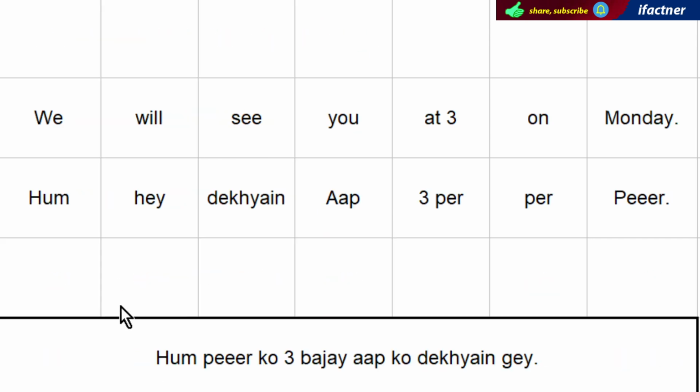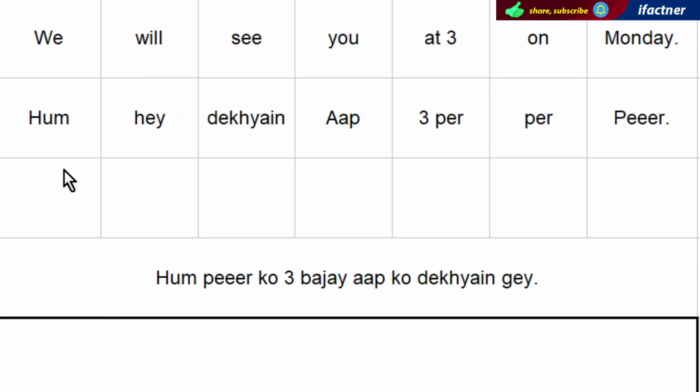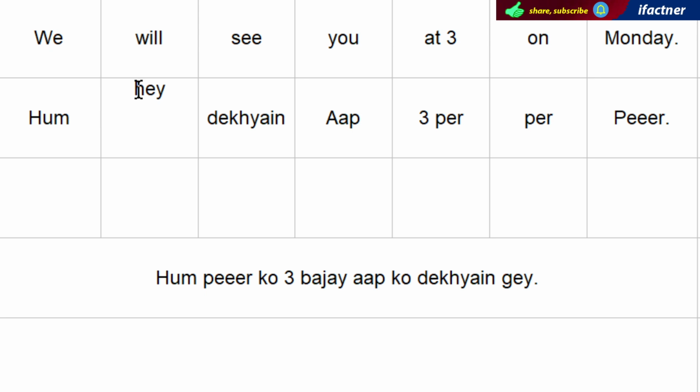The next sentence is, the operator says, we will see you at 3 on Monday. Now, we can be translated as हम in Urdu, will, गे, because it's a future tense. So it should be गे.